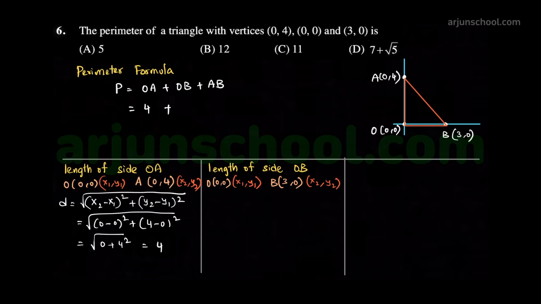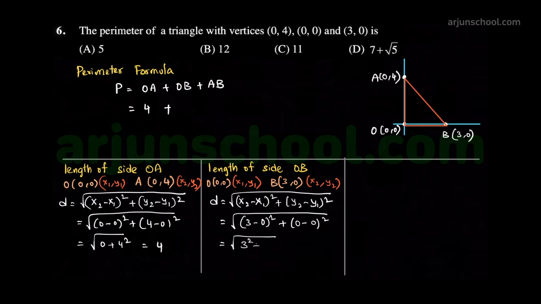And the distance between these 2 points is d is equal to root over (x2 minus x1) whole square plus (y2 minus y1) whole square, that is equal to root over (3 minus 0) whole square plus (0 minus 0) whole square, that is equal to root over 3 square plus 0, which is equal to 3. Therefore, the length of the side OB is 3 units.